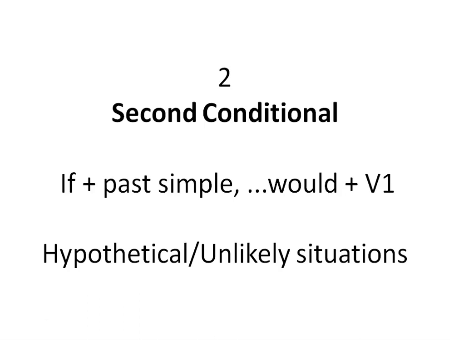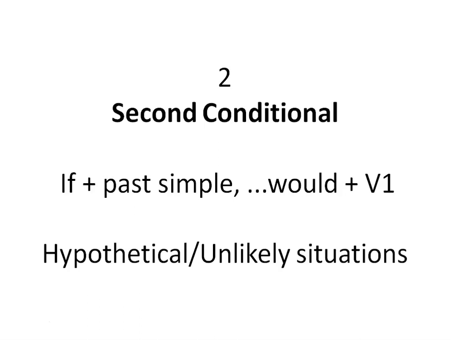Second conditional: past simple, would plus V1. What is V1? If you can remember the three forms of verbs, the first one is called V1, that is verb form 1, or we can also call it simply the simple present tense or the base form of a verb.